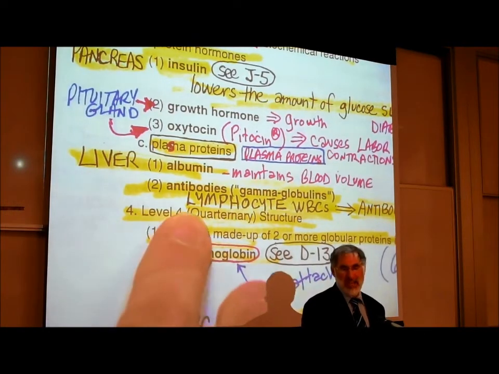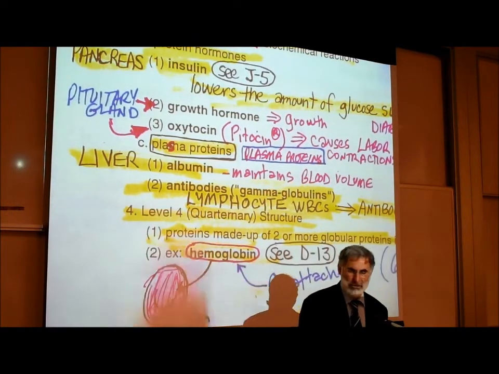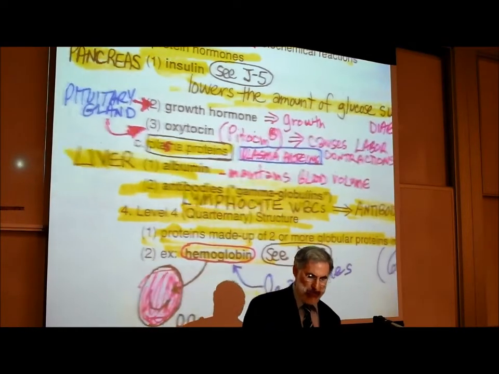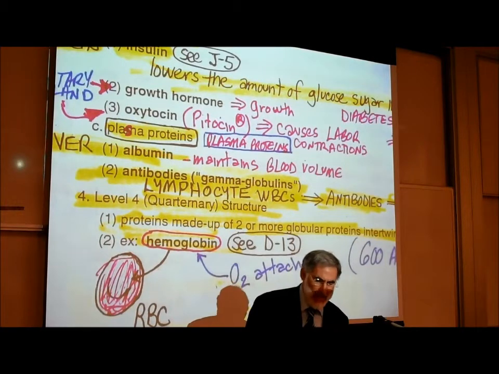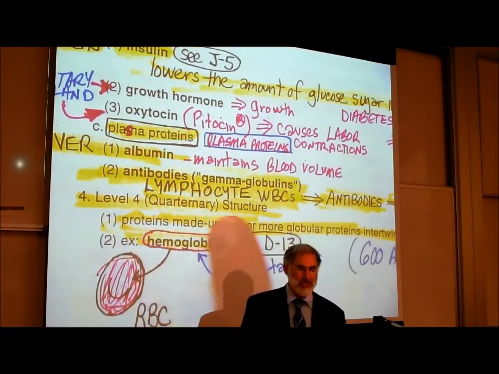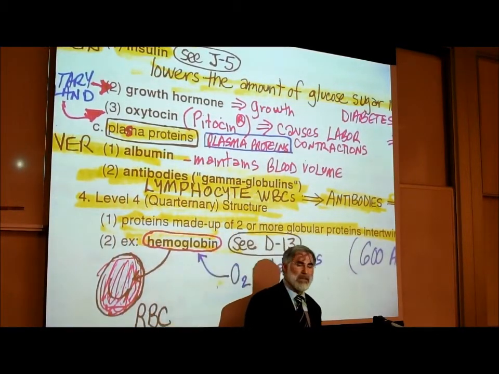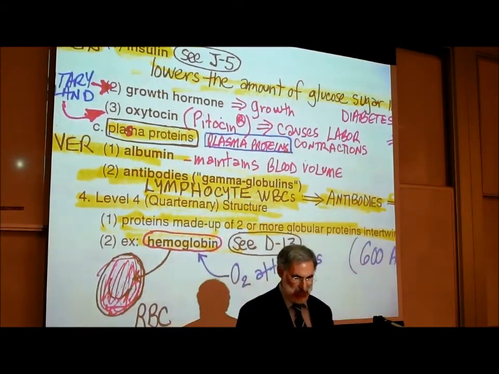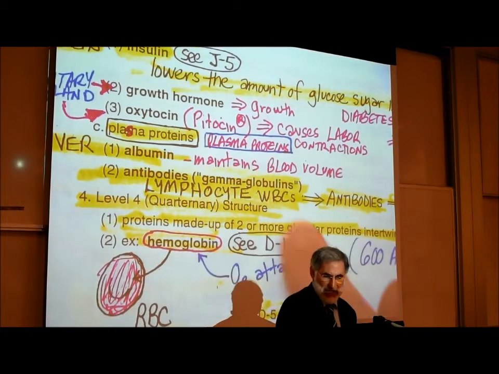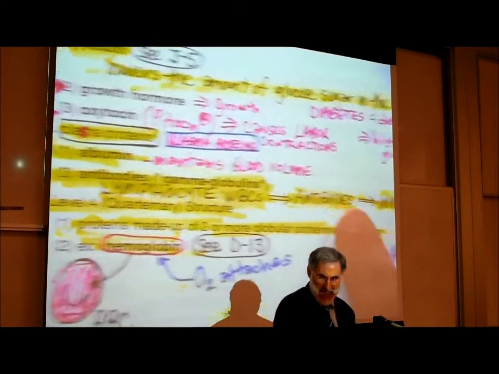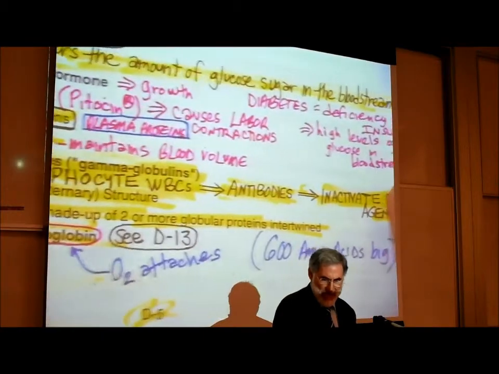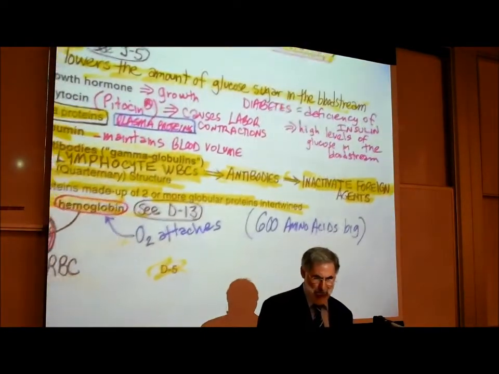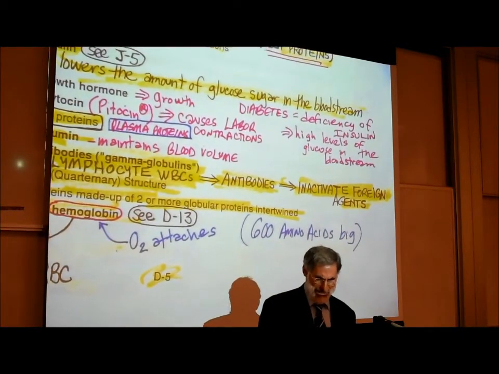Another protein that has this tertiary or globular structure are antibodies. Antibodies are also proteins. Now, antibodies are proteins produced by certain white blood cells known as lymphocyte white blood cells. So these lymphocyte white blood cells manufacture these proteins called antibodies. And what do antibodies do? Antibodies, we wrote, inactivate foreign agents. You'd say, what does that mean?